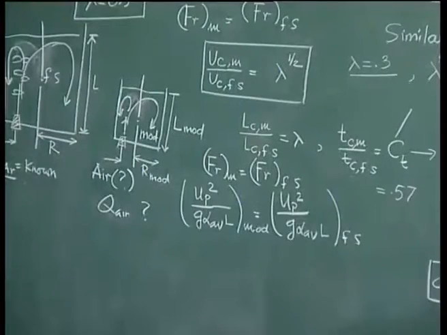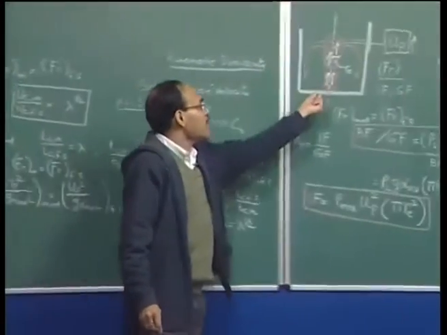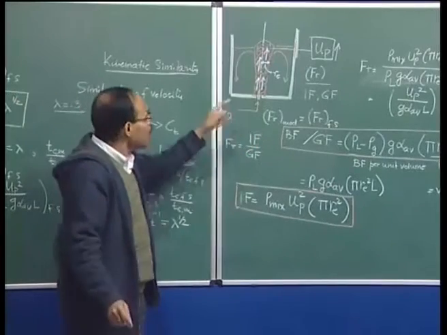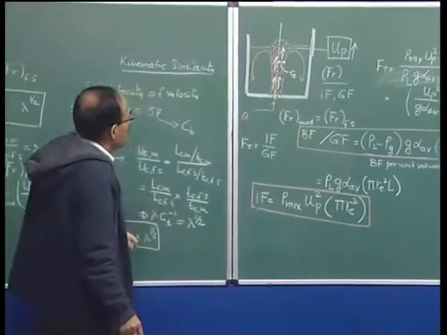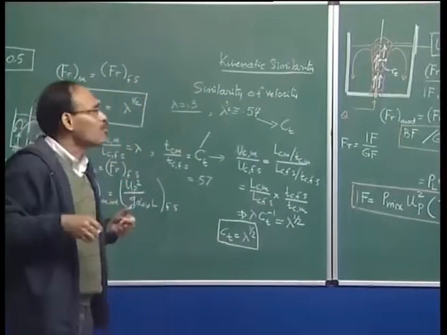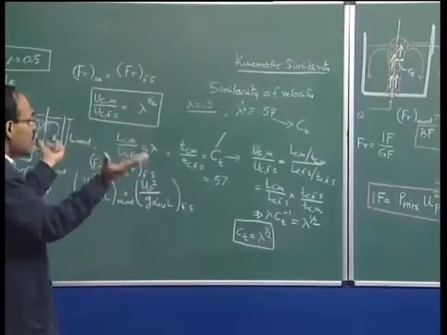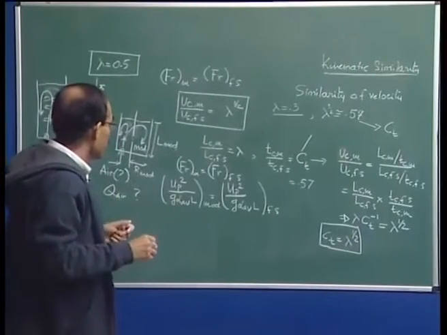I make one drastic assumption, but not too unrealistic. If the plume angles are not too different and the flow rates are small, I would expect that if the gas volume fraction in the model is 2 to 5%, a similar gas volume fraction will also be there in the full scale system, because we are talking of similar flow rate ranges in the model as well as in the prototype.